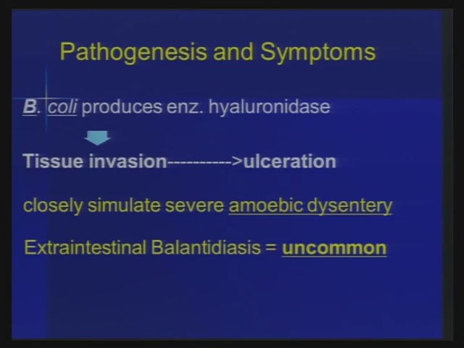So Entamoeba histolytica and Balantidium coli cause dysentery because they are invasive protozoa. And extraintestinal balantidiasis is uncommon. How about Entamoeba histolytica? Common or uncommon? Common. And why is this not common? The same, they cause the same.